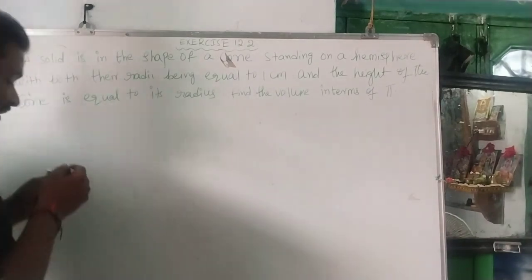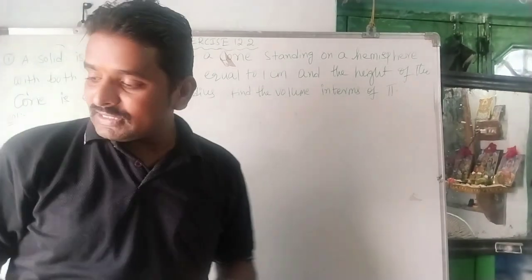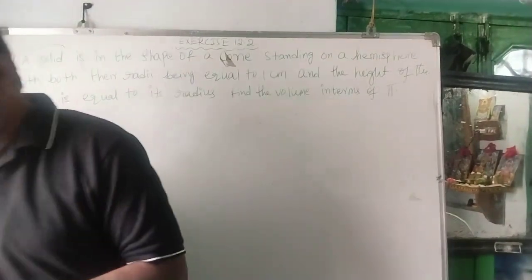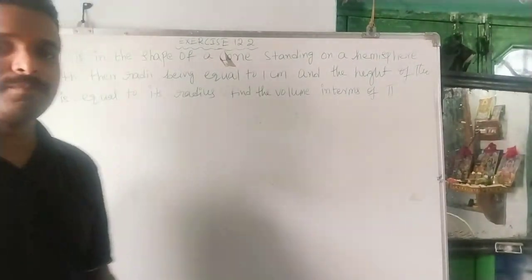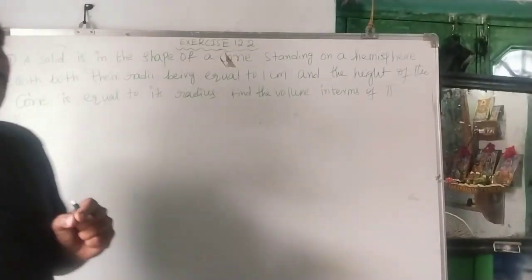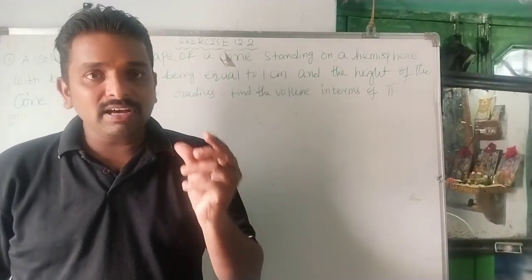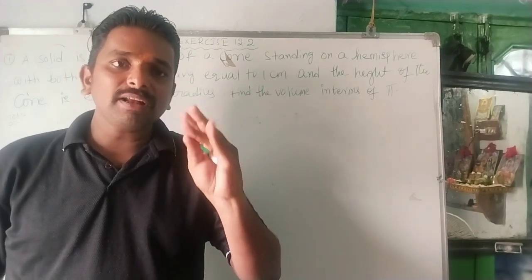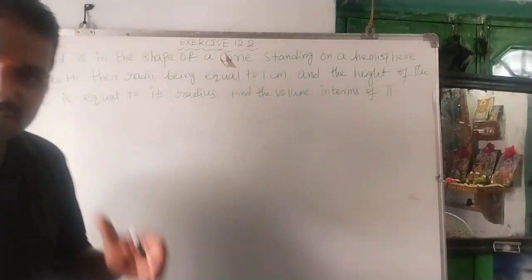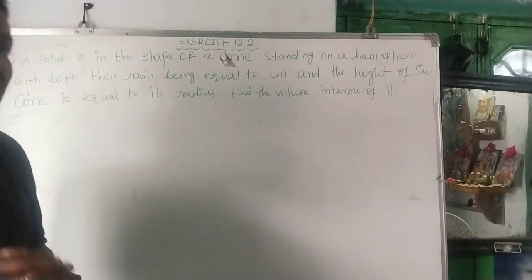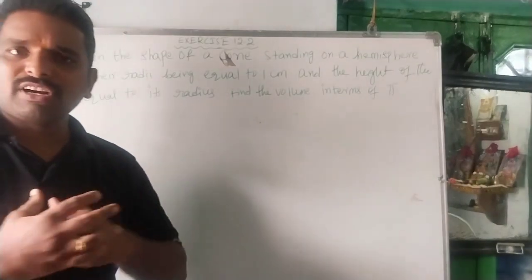A solid means a figure which has length, breadth and height is called a three-dimensional figure. We know very well about three-dimensional figures.